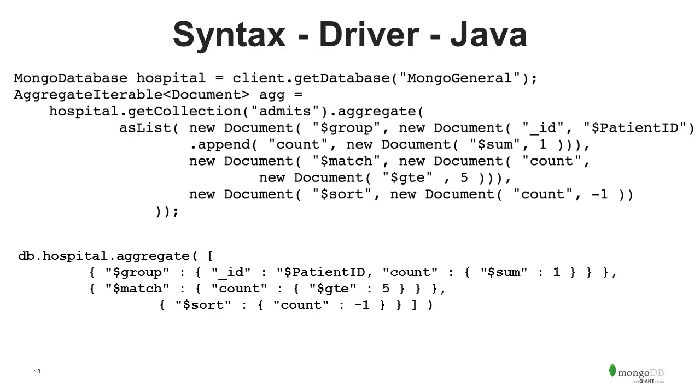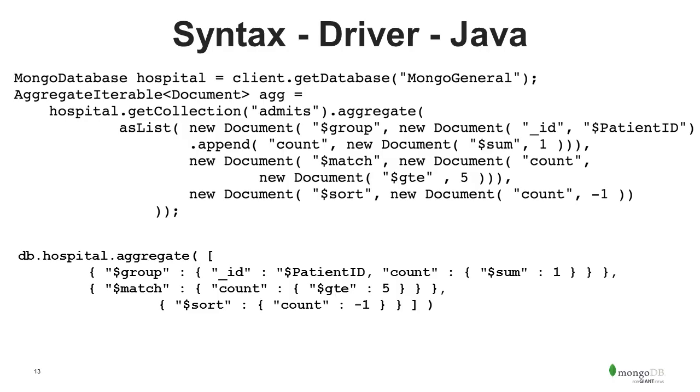Now, not everybody lives completely in the shell. I understand that, so I thought I would also just show you a quick example of what an aggregate might look like from the Java perspective. If you're coming from the .NET world, C# is very, very similar to this. The names of the different classes in the different drivers is slightly different, but the concepts are the same.